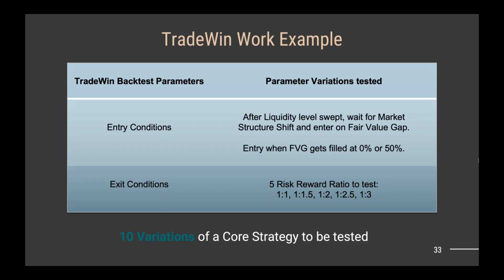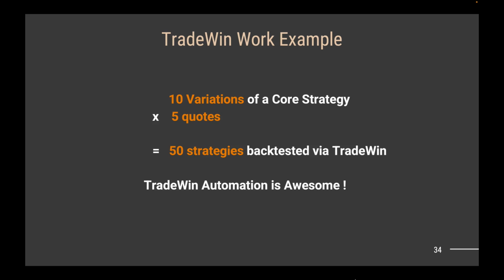And with what we said previously, 10 variations, 5 quotes, TradeWin just backtested for this guy 50 strategies from 2002 or 2007, depending on the instrument. Do you believe me now when I say that TradeWin automation is awesome? 50 strategies. You couldn't do even one backtest manually, and TradeWin makes 50 of them.